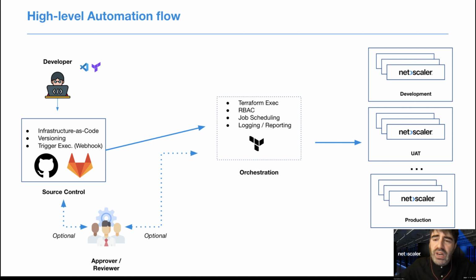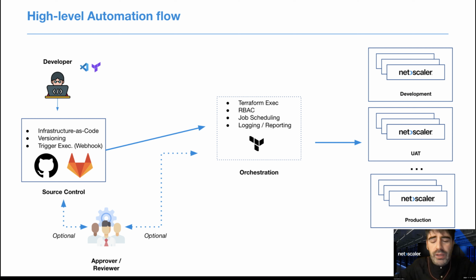What you can see on the left side of the screen is why automation is really important. Usually, the customers that want to do automation are not using infrastructure as code to configure a single NetScaler appliance. It would be multiple different appliances deployed on different environments, like a development environment, a UAT environment, a production environment.